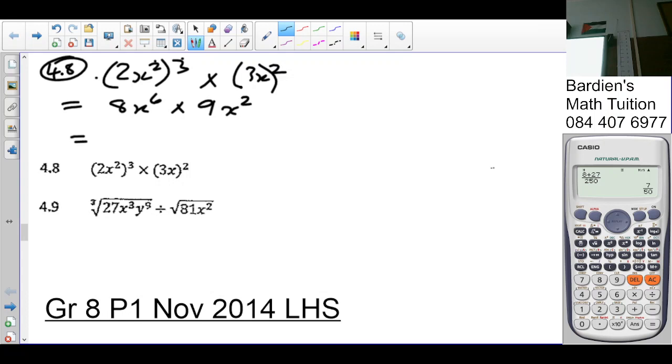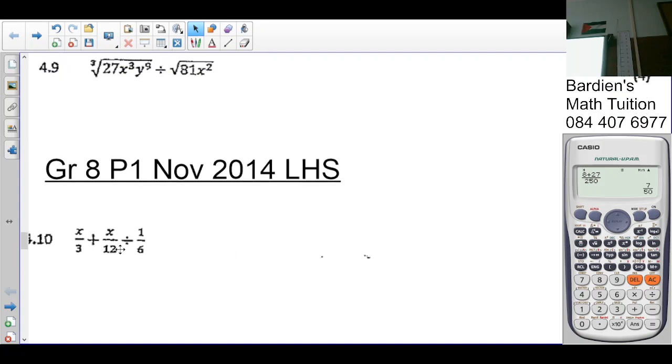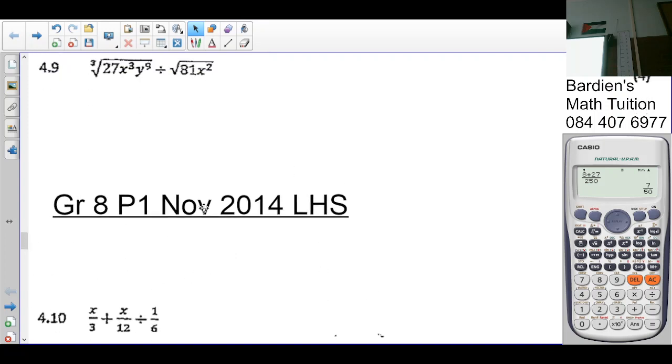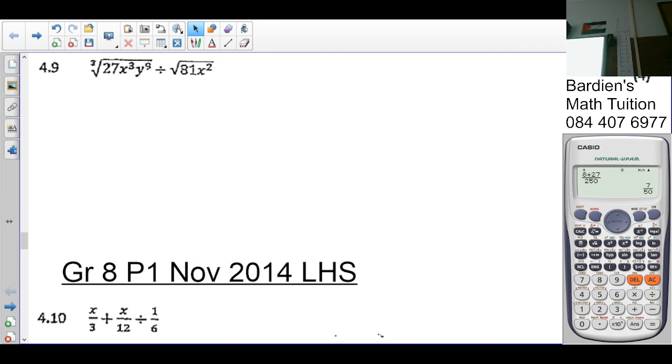So it's 8 times 9, 72 big ones, not so? x to the 8 y. So when we're multiplying and bases are the same, we add the exponents. Right, next.